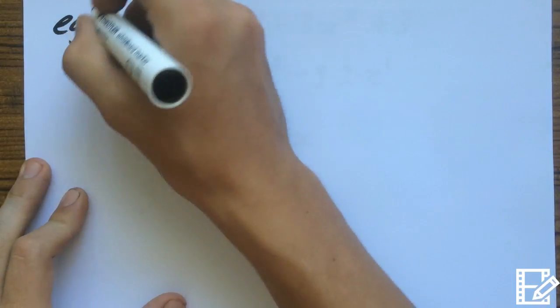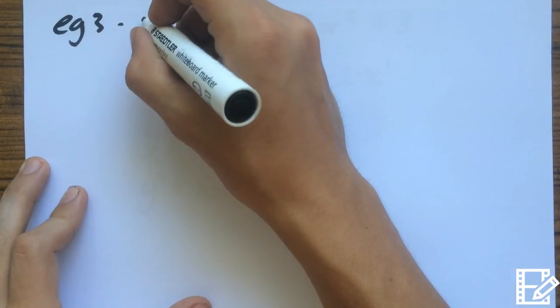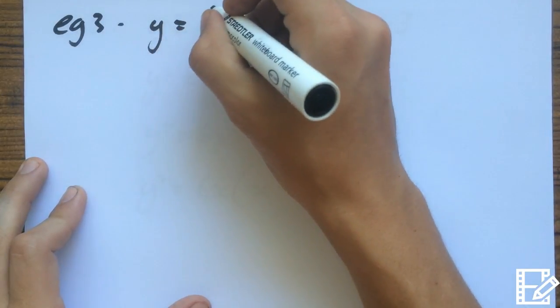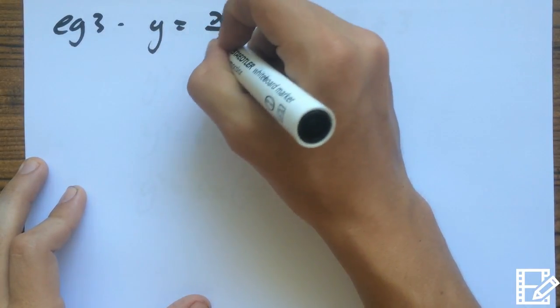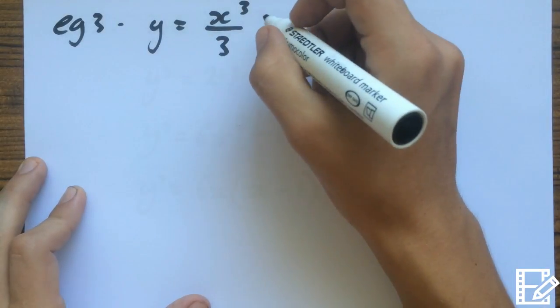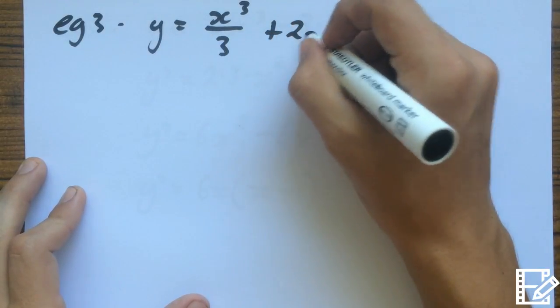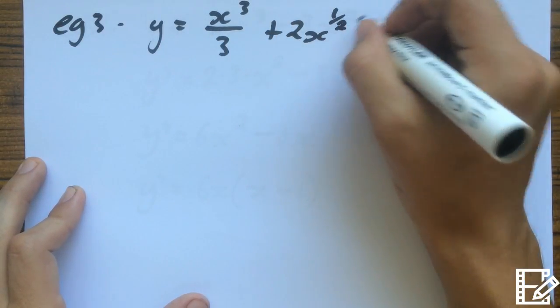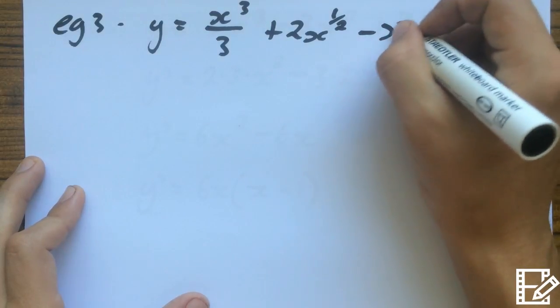Okay. And for our third example, we have y equals x to the power of 3 over 3 plus 2x to the power of 1 over 2 minus x.